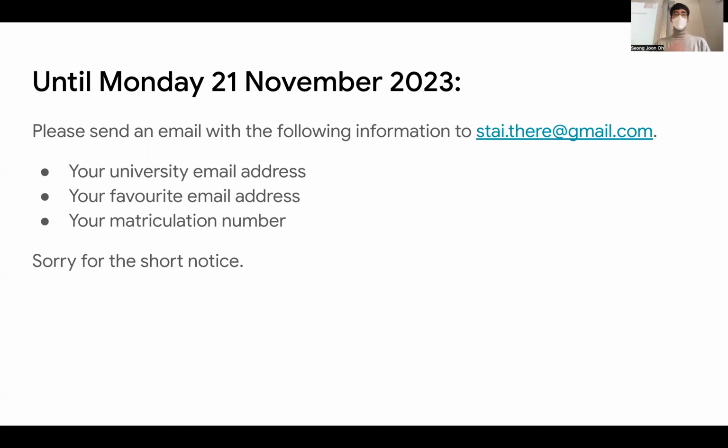While doing that, you can also send us your favorite email address, because in some cases we don't have it and some of the important messages do not reach you. So this is a chance for you to tell us this, and also your matriculation number. We are going to need that at some point, so it's probably a good chance to collect that as well.